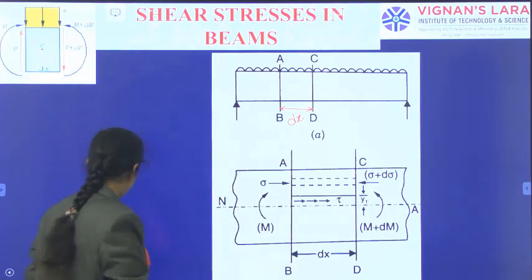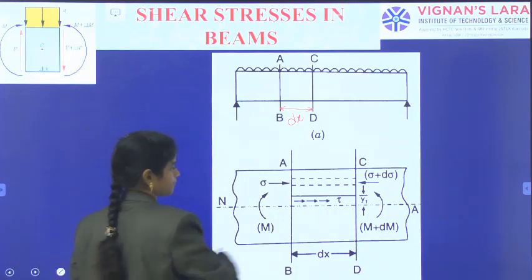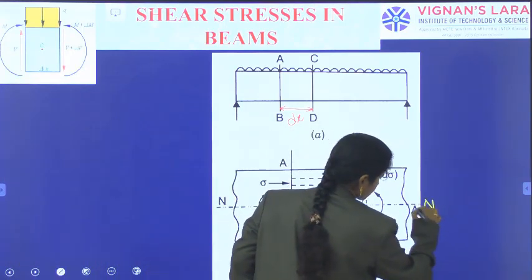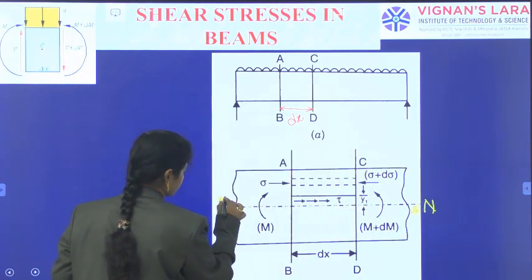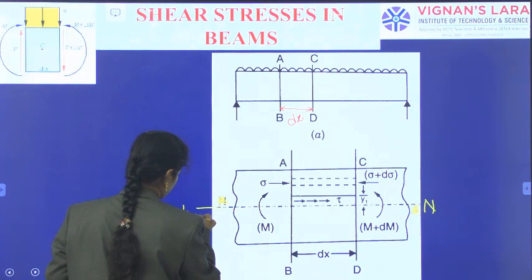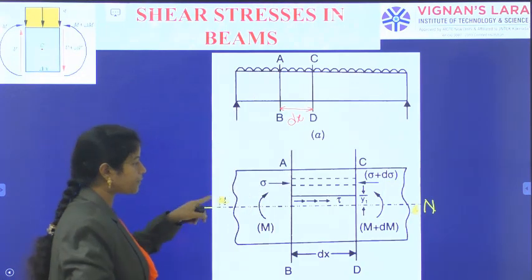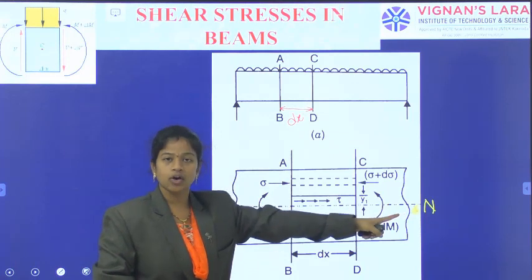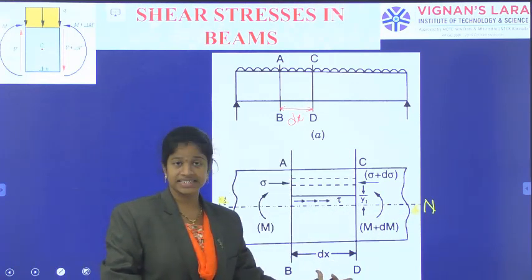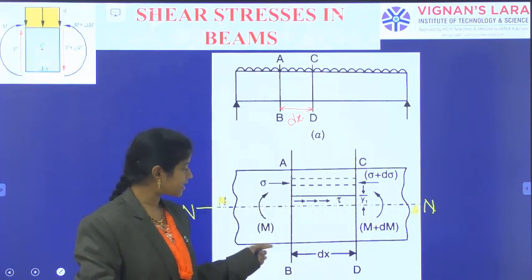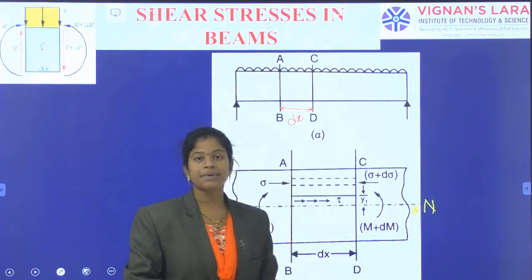This continuation is indicated like neutral is there. This one is the neutral layer along the length of the beam, and AB section, CD section in between the dx distance, and on the left side we have indicated M, on the right side I have indicated M plus DM.